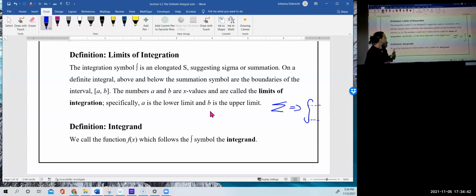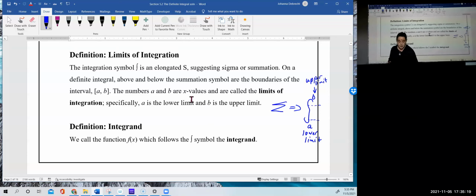These numbers that we put onto the symbol in a definite integral represent the vertical lines where we start evaluating the area between the curve and the x-axis, and where we stop evaluating the area between the curve and the x-axis. These are called the limits of integration. We call the one up here the upper limit of integration, or just upper limit for short. And we call this one down here the lower limit of integration, or lower limit for short.